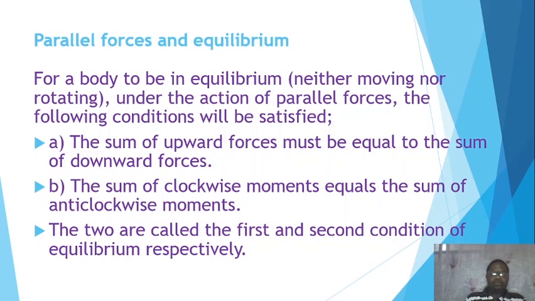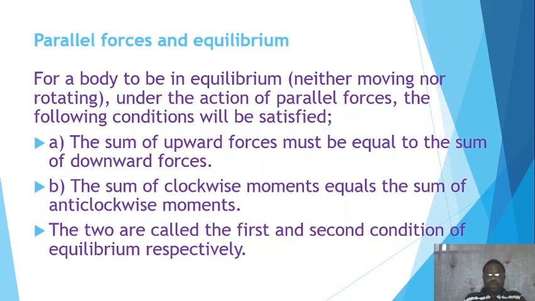Number two, the sum of the clockwise moments must be equal to the sum of anti-clockwise moments. In other words, the algebraic sum of the moments of force about any point must be equal to 0. Also, take note that in this case, we can assign clockwise moments to be positive, while anti-clockwise moments will be negative.